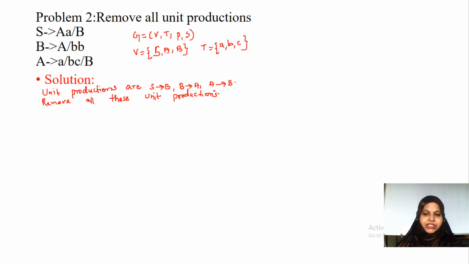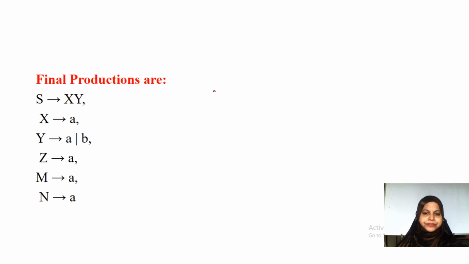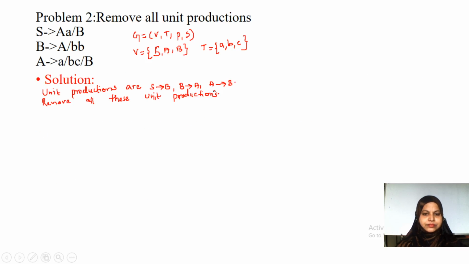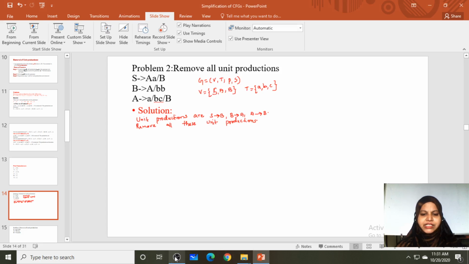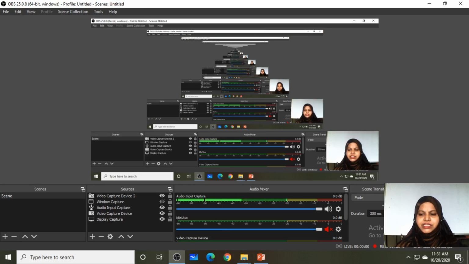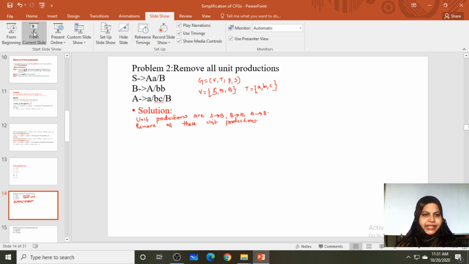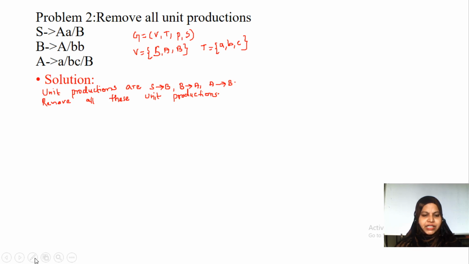How are we going to remove all these unit productions now? Same, just we have to add all these things. Just we are going to add the productions of this one.